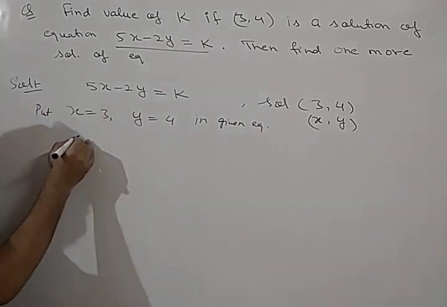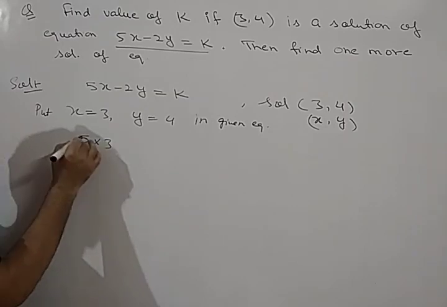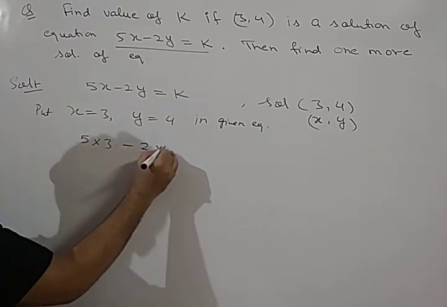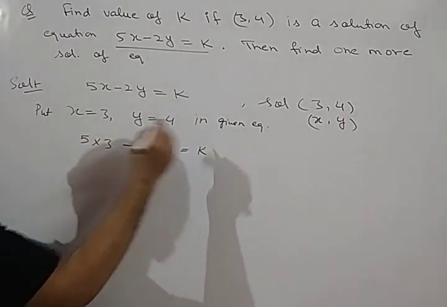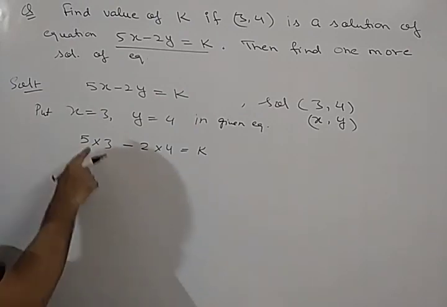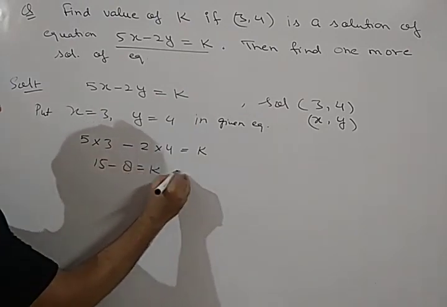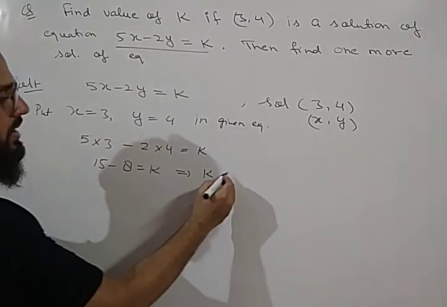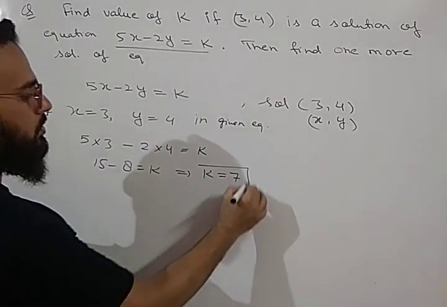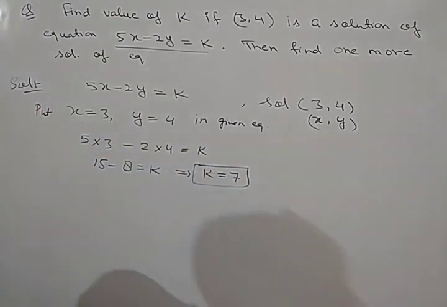So by putting, we will get 5 into 3 minus 2 into 4, it is equal to k. So it will be 15 minus 8 is equal to k, or we can get the value of k is equal to 7. So this is the value of k.